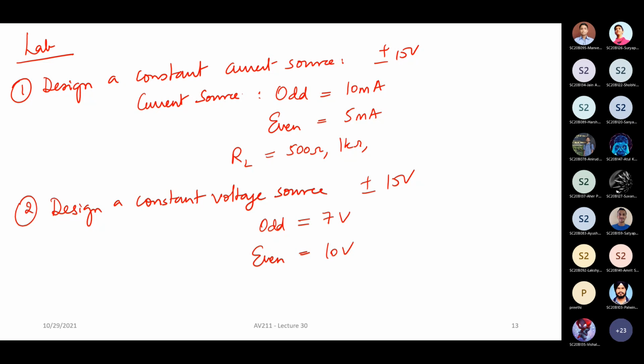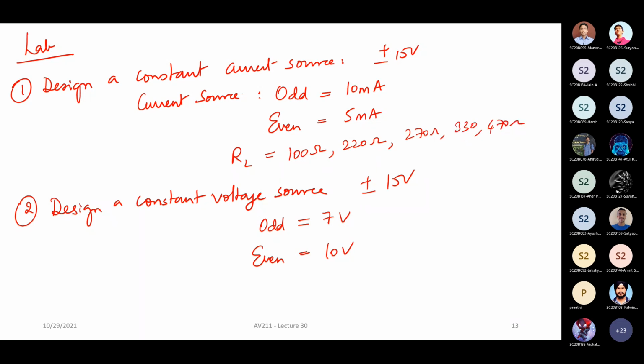Is Preeti ma'am here in the call? Yes, sir. Okay, what are the smaller impedances we have in the lab? From 1 ohm, 100 ohm is there? Yes. 200 or 220 is there? 220, 270, 330, 470.